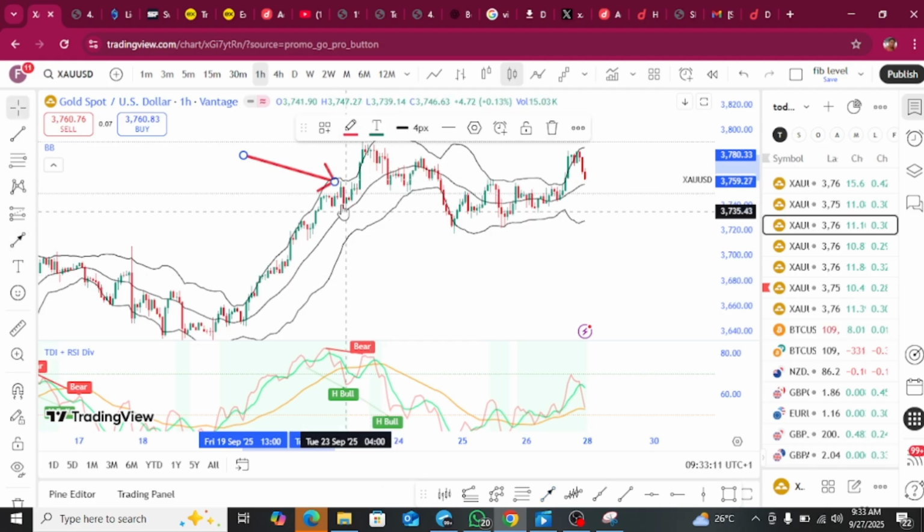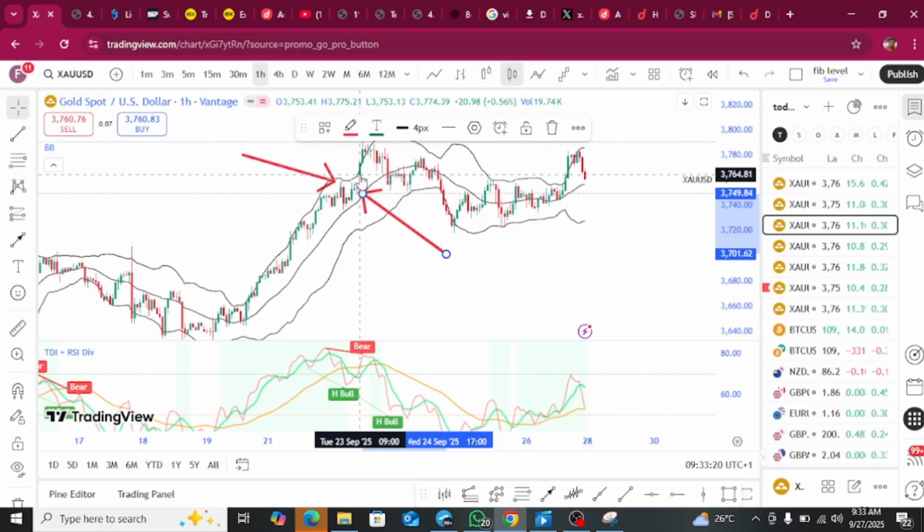Price went back and broke out of it using this particular candle. So that wasn't the right way to trade it.